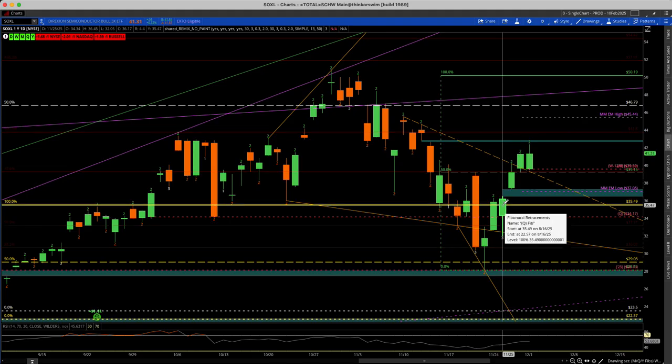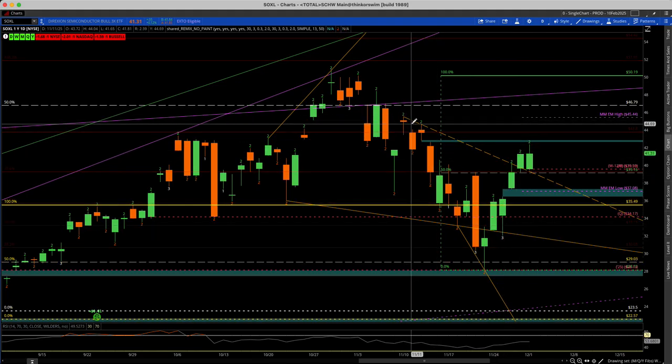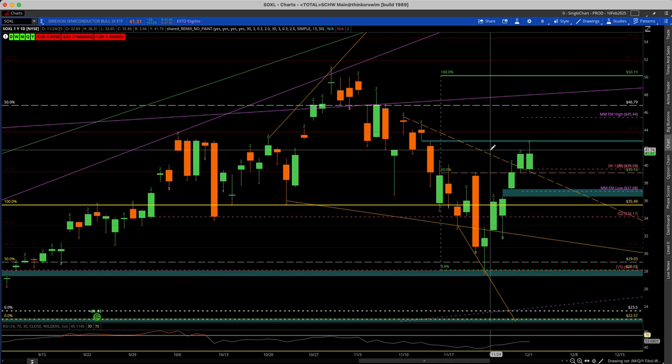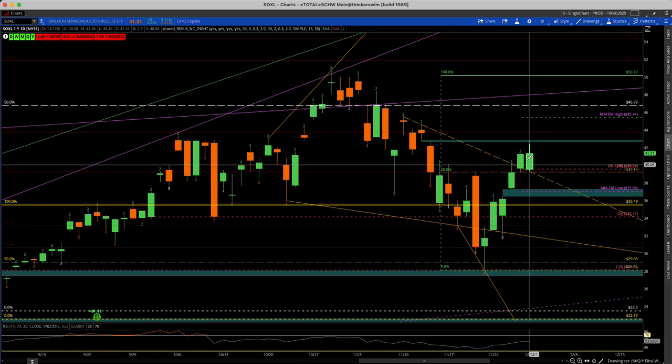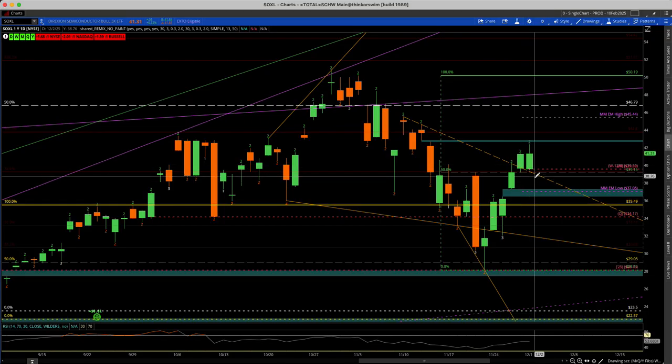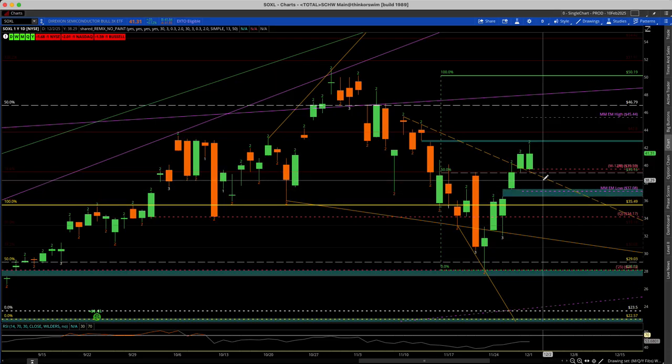So we want to continue to watch this, and especially the daily lower high line that coincides with last month's 50% level. Do we reject and pull back below, possibly coming back to the market maker's expected move low and filling this gap from last week? That could be something that happens.